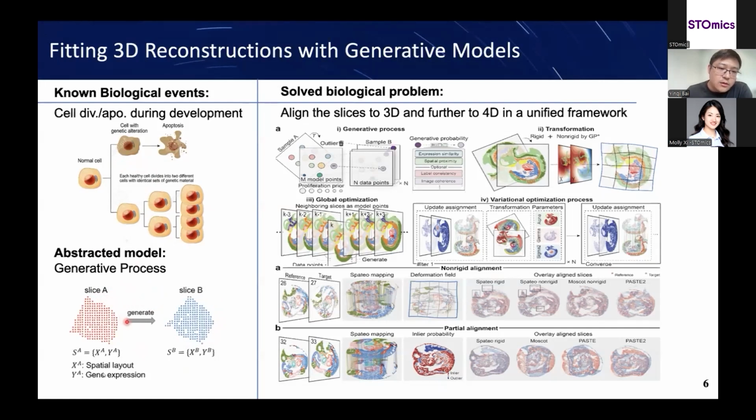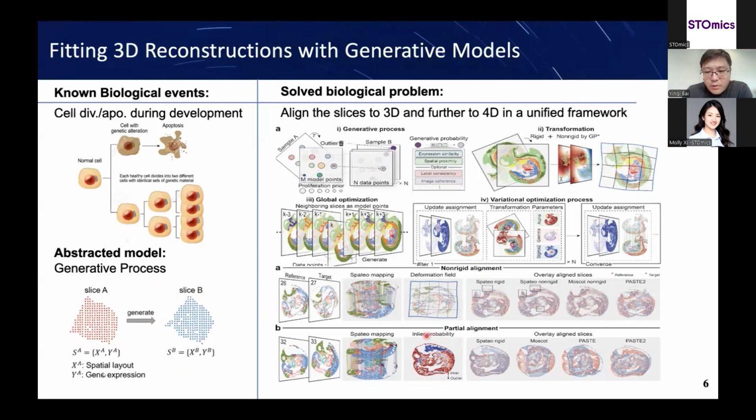So the generative process is a kind of local alignment for each cell, and together they generate a new slice quite similar to slide B. So we just change an alignment algorithm to a generative process.